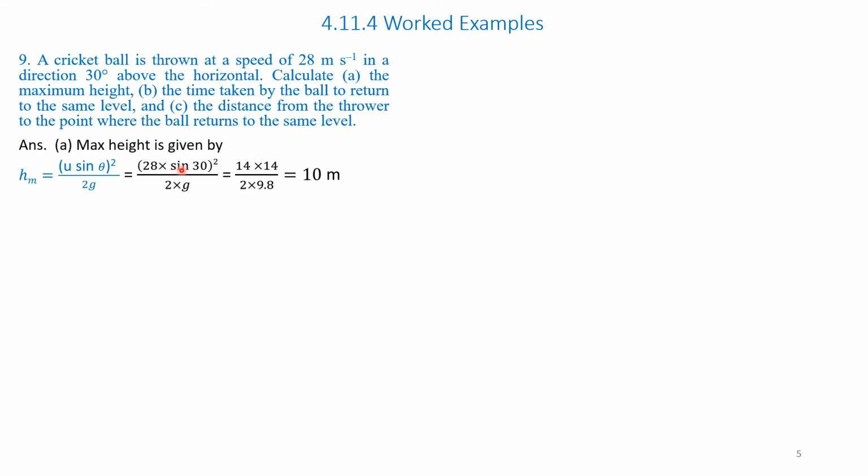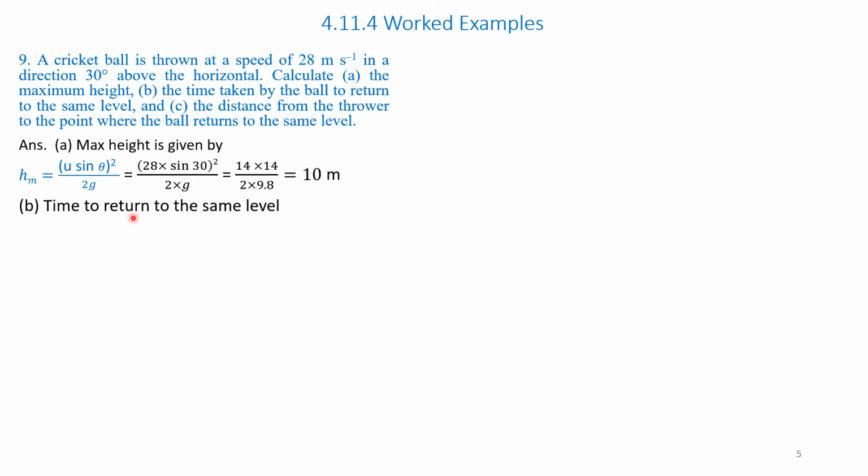We know sin 30 is 1 by 2, so 28 into 1 by 2 is 14. 14 square is 14 into 14 divided by 2 into the value of g, which is 9.8 meters per second square. Simplifying, we get 10 meters. So the maximum height is 10 meters.